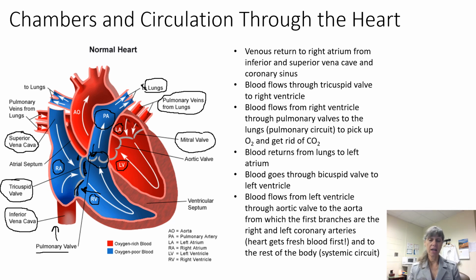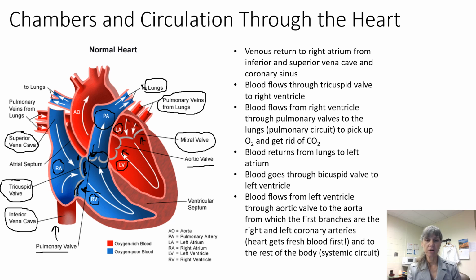And then after the atrial contraction, ejecting the remaining 30%, the left ventricle will begin to contract, forcing the mitral valve to close. And as pressure builds, it will open up this other semilunar valve known as the aortic valve. The aortic valve is another semilunar valve.